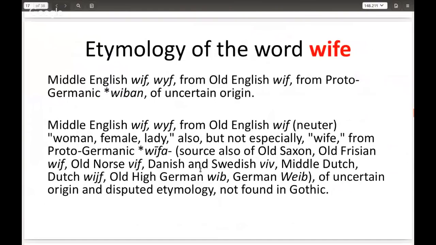So we're looking at the term wife now, since the word woman derives from the concatenation of wife, or wif, and man. We look up the word wife, and it says from Proto-Germanic wiban, of uncertain origin. And it tells us here that, of course, a woman, a female, a lady, even the word lady, I should have added the word lady here, because you're going to find it's a derogatory term as well.